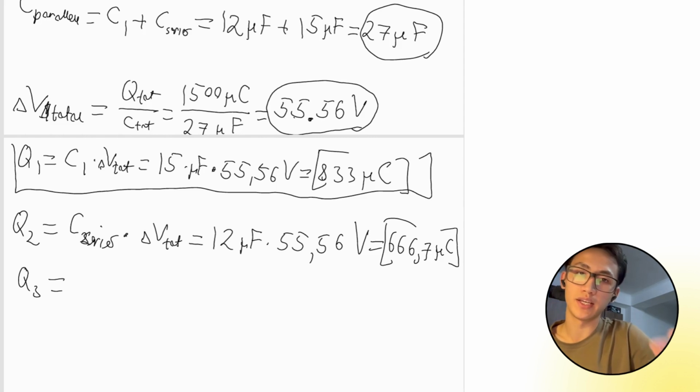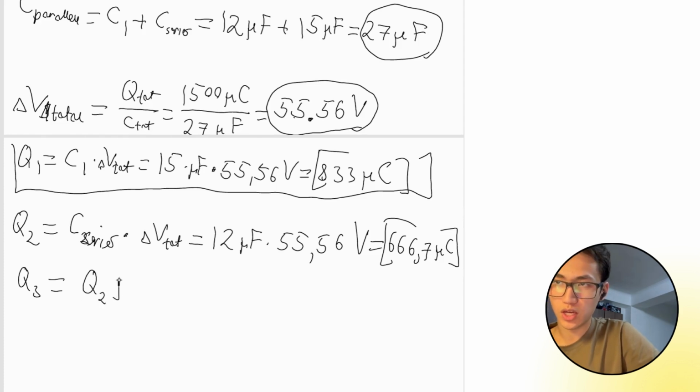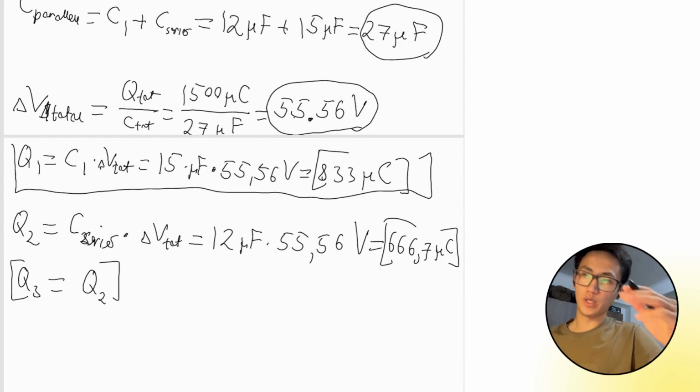Since the two capacitors are lined up in one line, their charges are the same. So Q3 equals Q2.